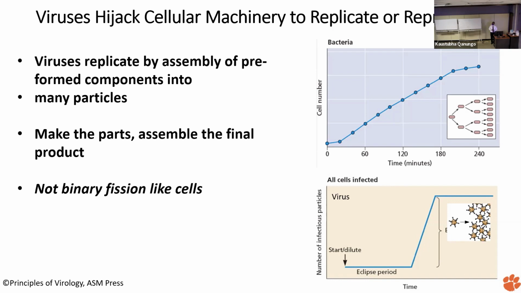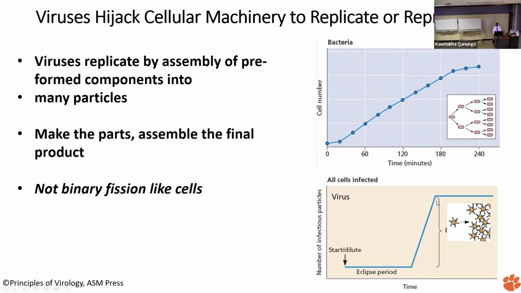We call this the eclipse period. In the eclipse period, the virus is doing a lot of different things, and we are going to dissect out throughout the course what they are doing at that time. You can see an extended eclipse phase, not a small lag phase like this.